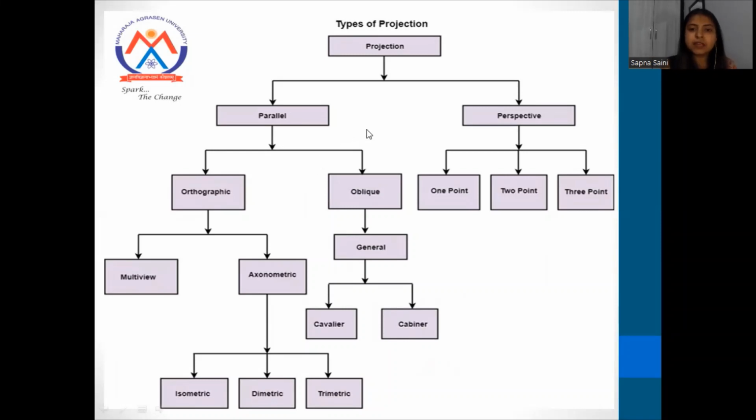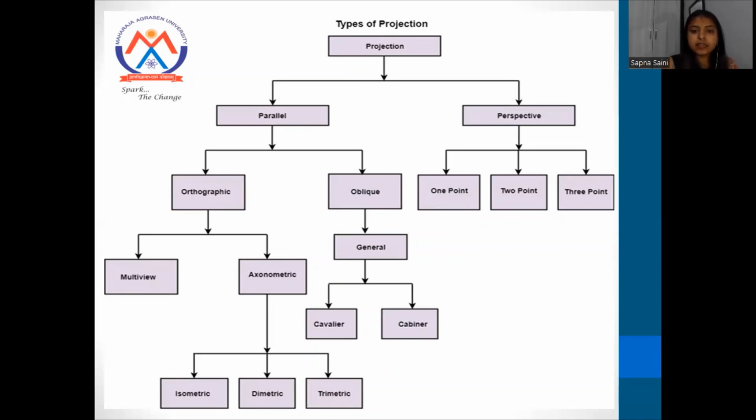Let's come to its classification. Projection is basically divided into two parts, that is parallel projection and perspective projection. Parallel projection is further divided into orthographic and oblique projection. Orthographic is further divided into multi-view and axonometric, which is further divided into isometric, dimetric, and trimetric, whereas oblique is classified into two, that is cavalier and cabinet.